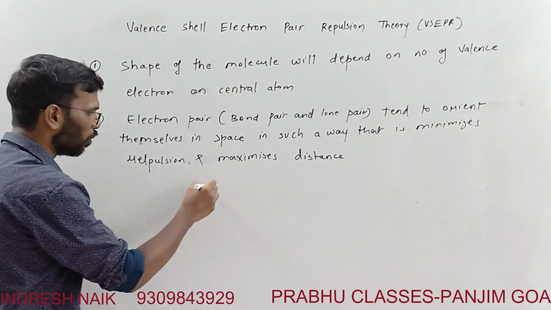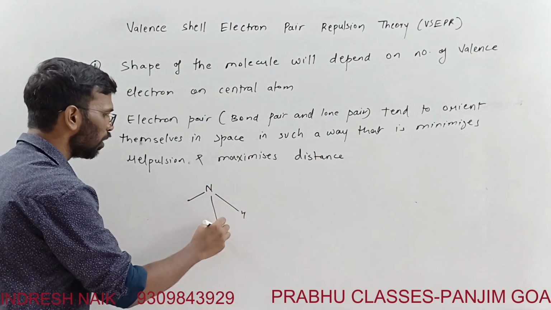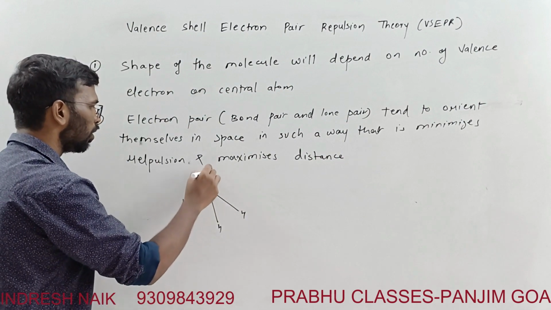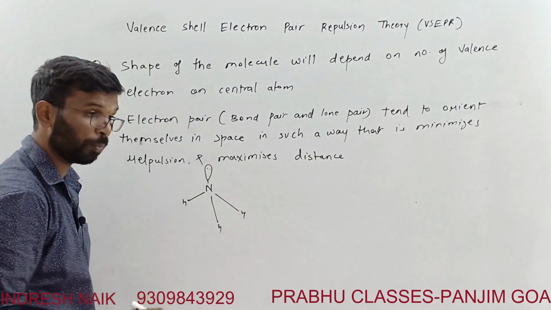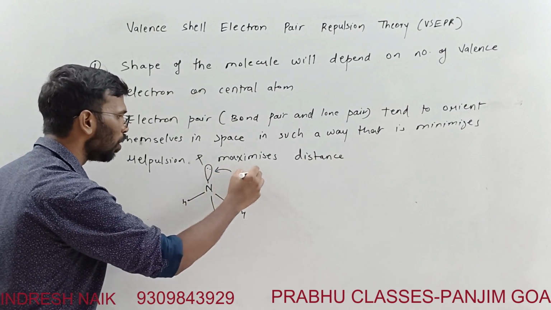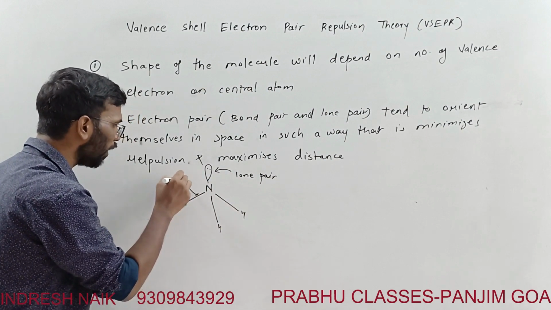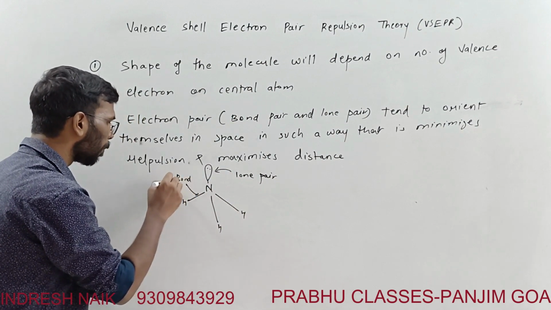Let me clarify what a bond pair and a lone pair are. Take any molecule like ammonia, with hydrogen. This is the lone pair, and the bond which is formed is called a bond pair.